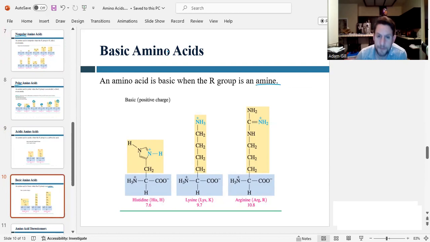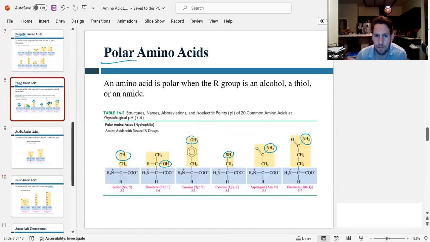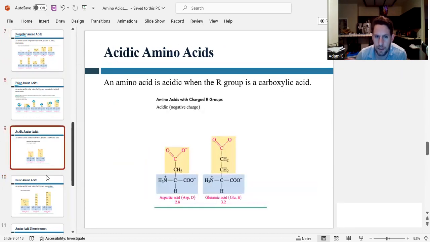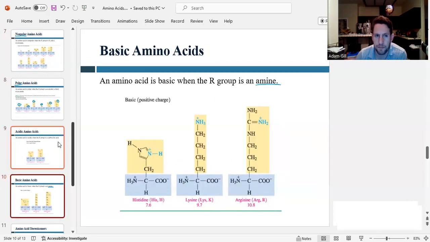Highlighted here in blue, and you can see the amine, the amine, the amine. And so these all act as bases. So they are basic amino acids. So nonpolar, polar, acidic, and basic. And that's all 20 of them.